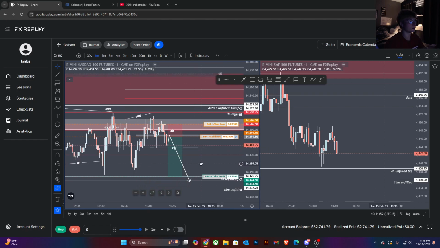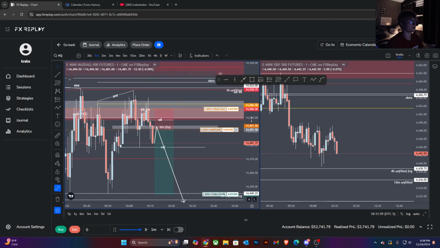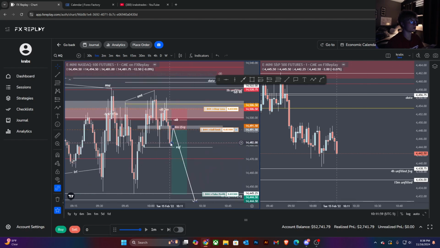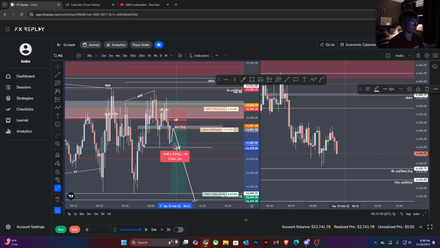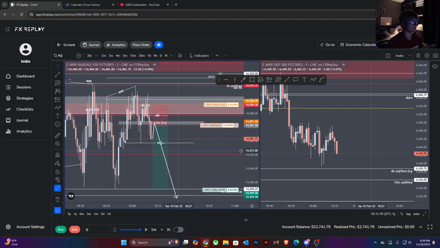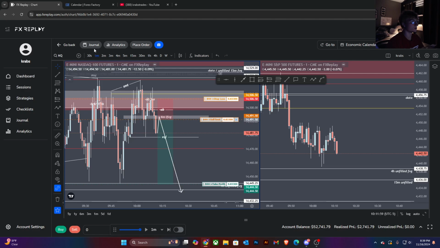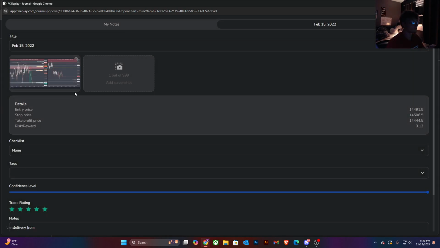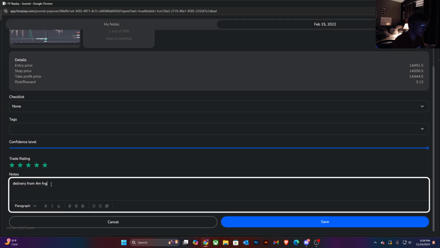So yeah, this looks good if we can get entry, but yeah, I'm not willing to just take this off the rip and then break even 2 ticks away. So yeah, let's go to the journal. Delivery from 4-minute premium. I think that OTE was holding.